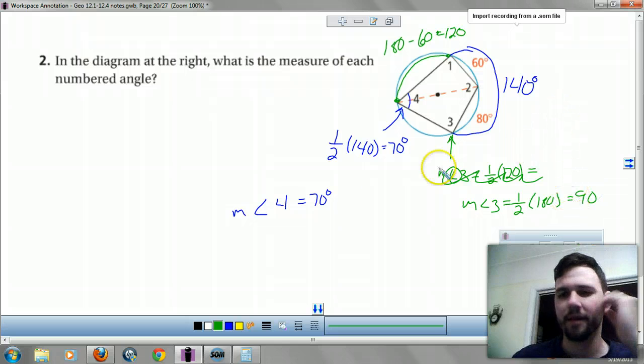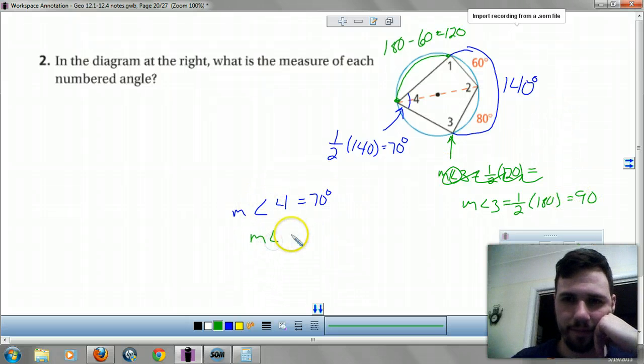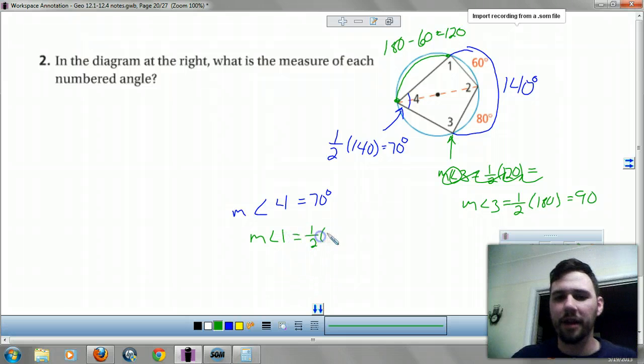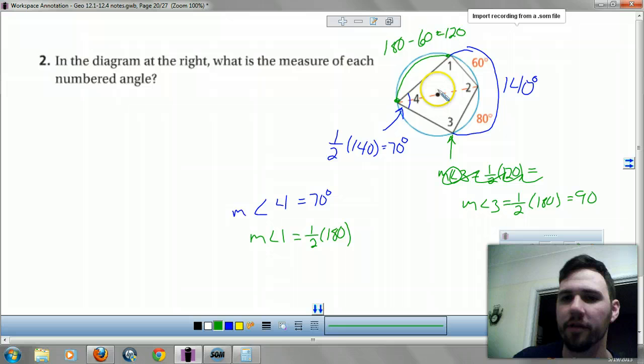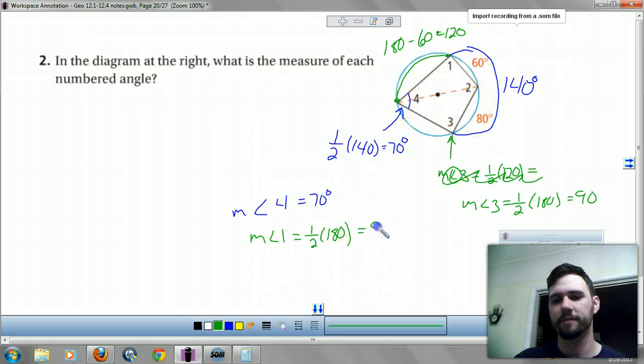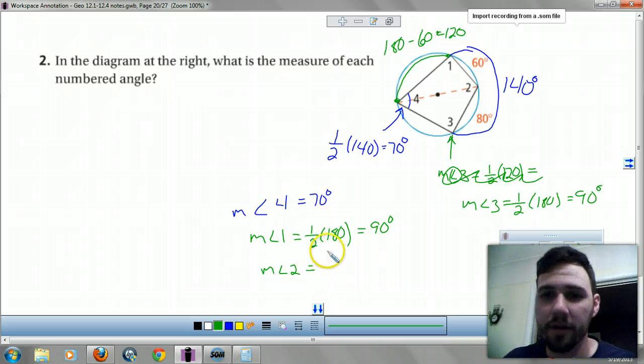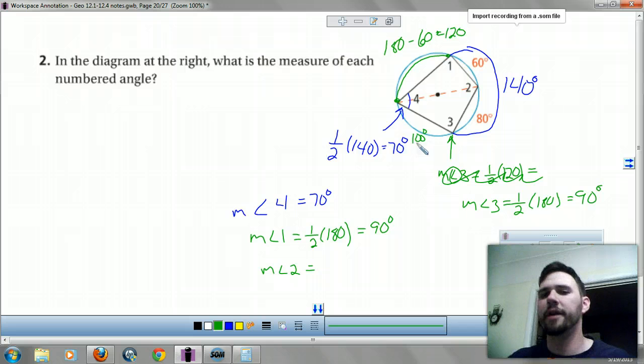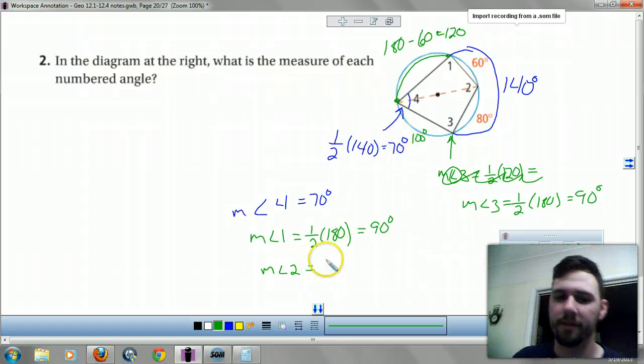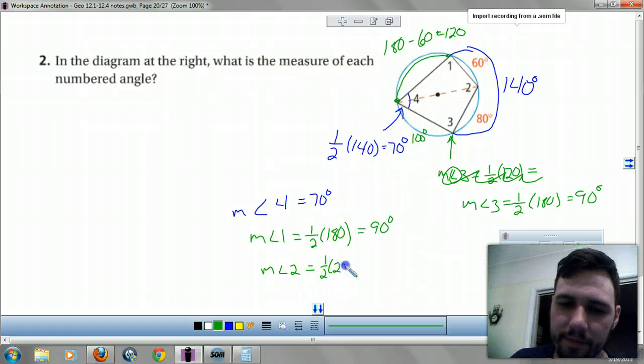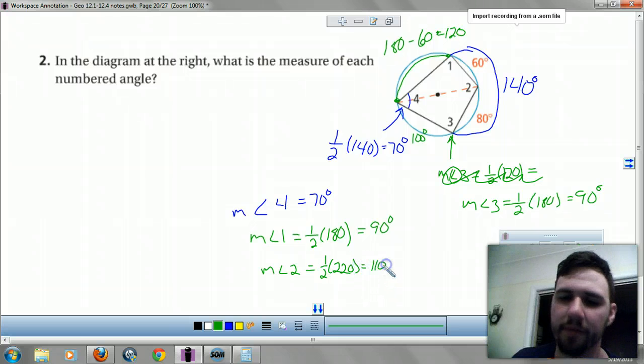And then my measure of angle 1 is going to be half of 180 as well, because that's a diameter, so it makes up half a circle. And last but not least, the measure of angle 2: if this is 120 degrees and this side's 100 degrees, then this whole arc is 220, so the angle is 110.